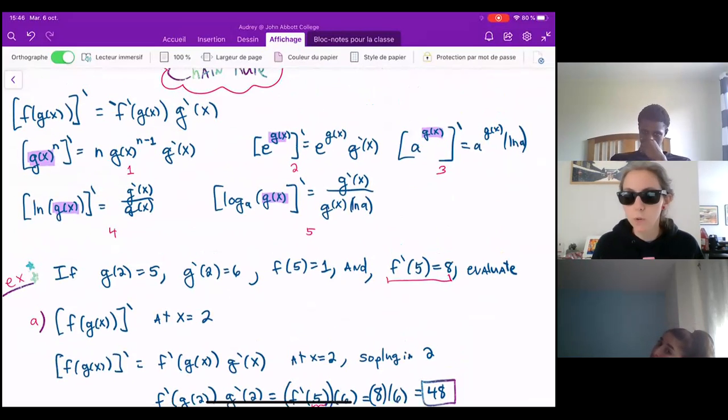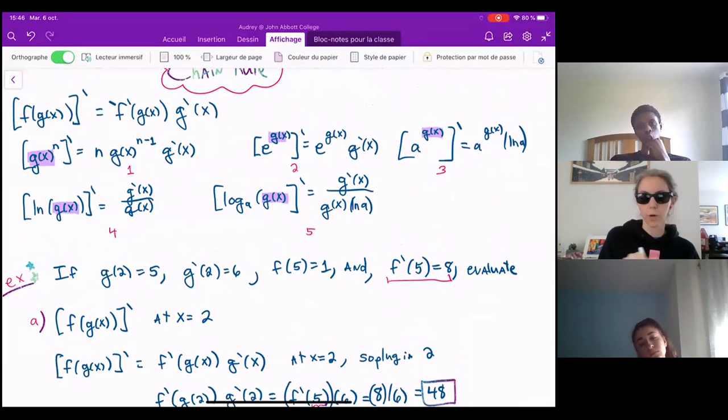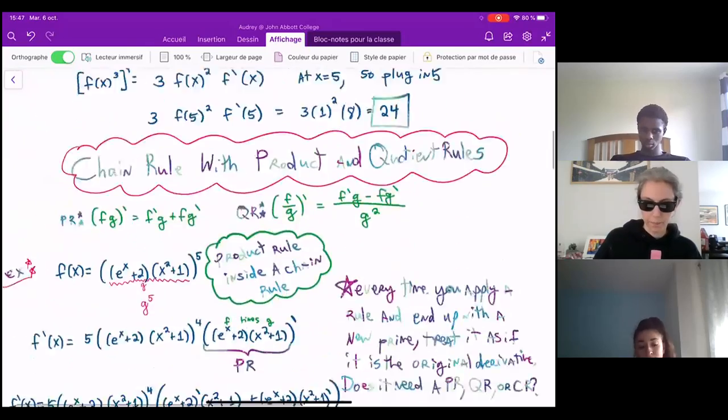Do I have a number to a function, or do I have a function to a number? I have 2 answers. There are 19 of you. I have a function to a number. So a function to a number, which one of those things is this going to be? 1. Exactly. So now we're doing 1.